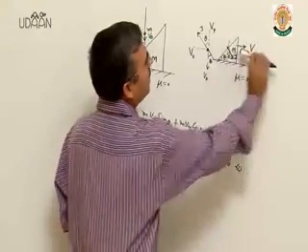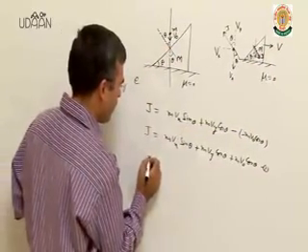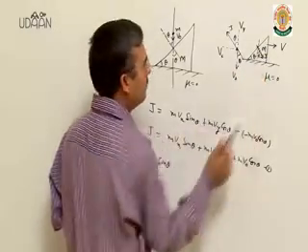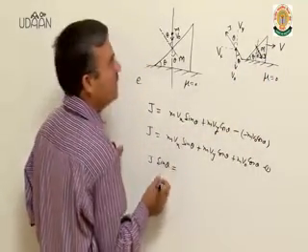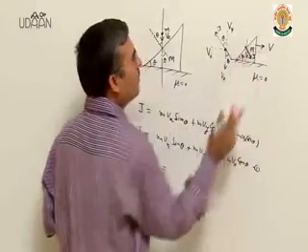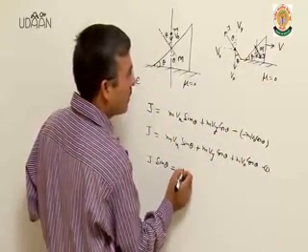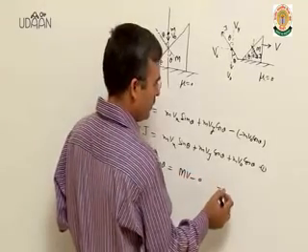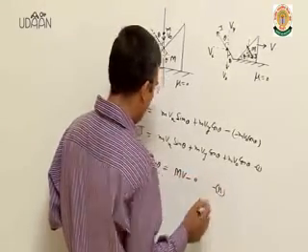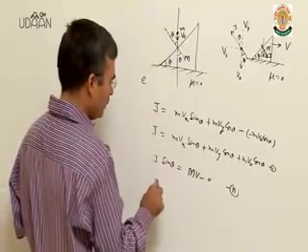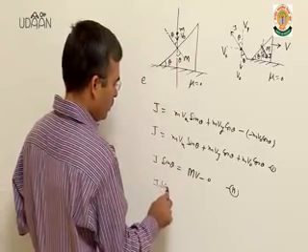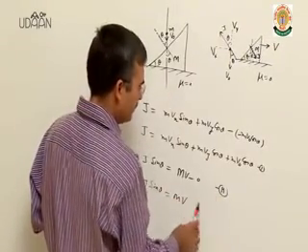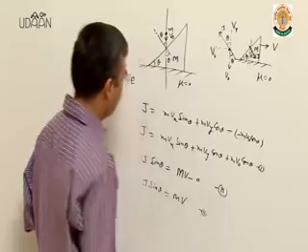So J sin theta equals the change in momentum of the wedge, that is capital M into V minus 0. So J sin theta equals capital M into V, that is equation number 2.